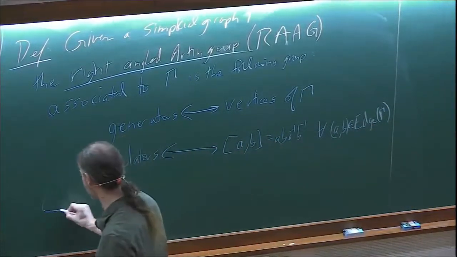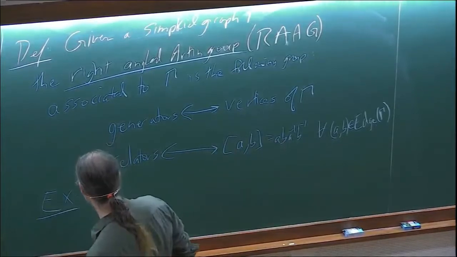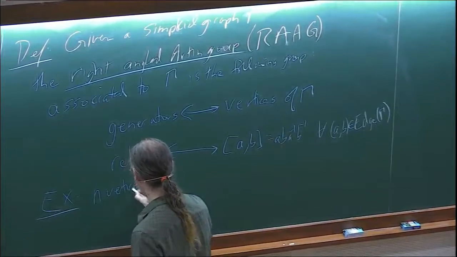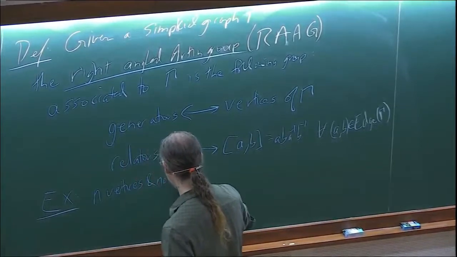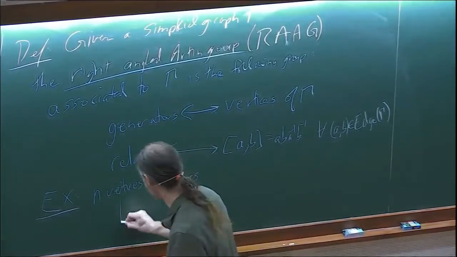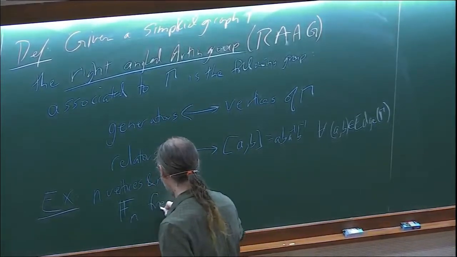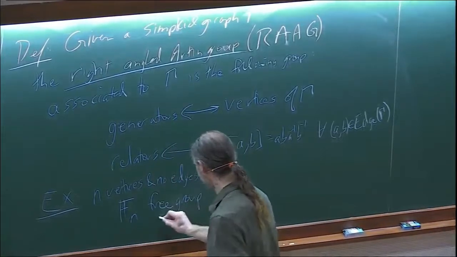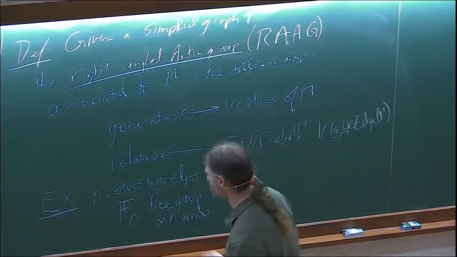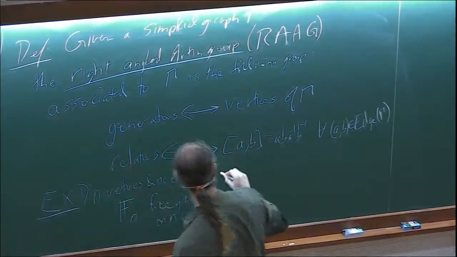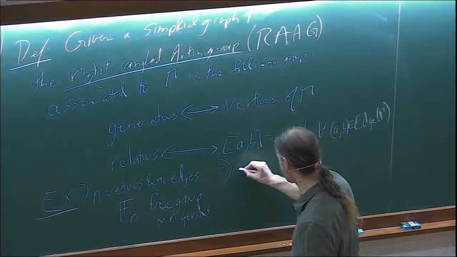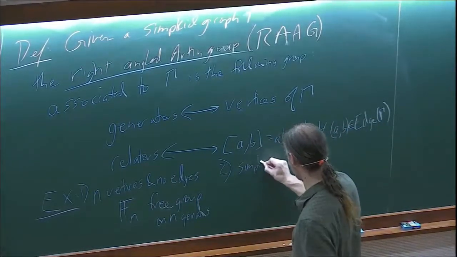Here are some concrete examples. The simplest possible example is n vertices and no edges, which gives us what group? Good, the free group on n generators. So maybe that's example one. Example two is the simplex with n vertices.